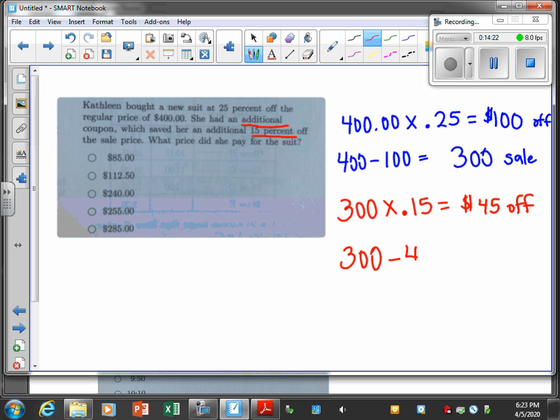We take that $45 off, and we find out that we paid $255, which is this option. So you can't do them all at the same time. So you have to do one, get the sale price, then take the additional 15% off.